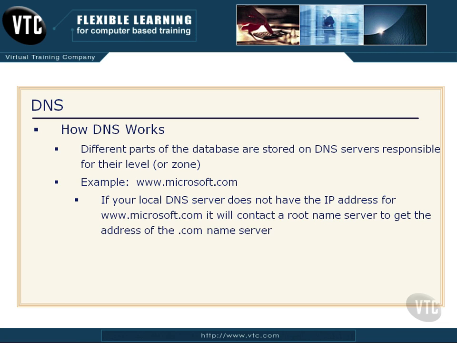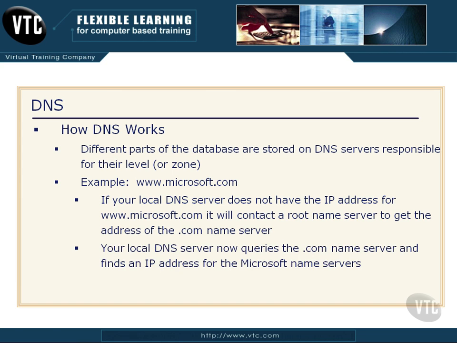www.microsoft.com in your local browser, and your local DNS server in your network has no idea what the IP address is for Microsoft.com. So it's going to contact a root name server out on the internet to get the address of the .com department, if you will, or the .com name server. Then it'll query the .com name server and say, hey, by the way, what have you got on Microsoft?